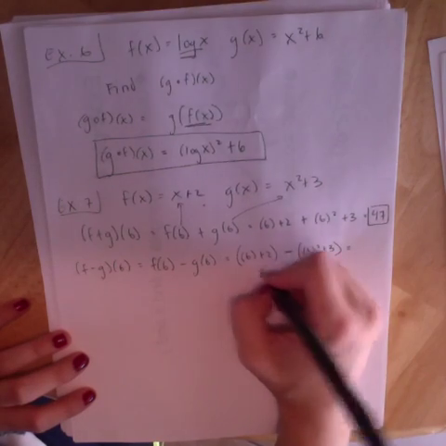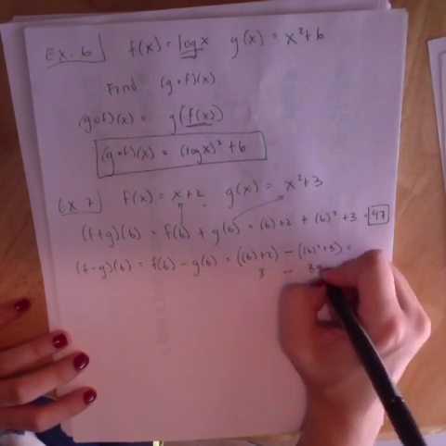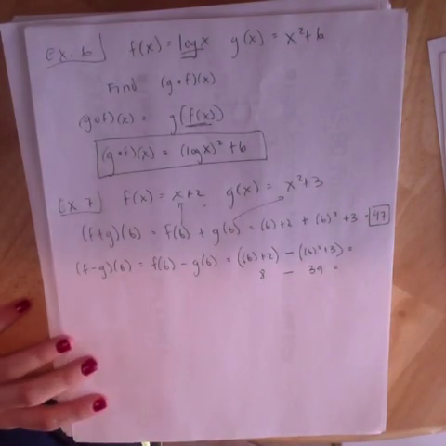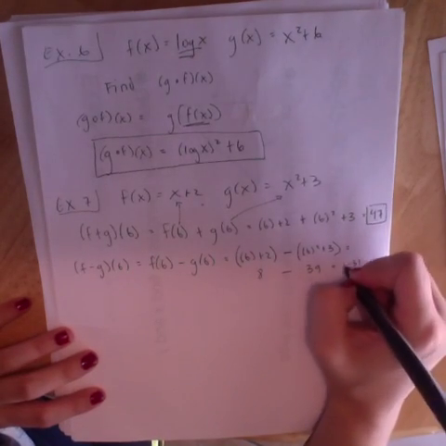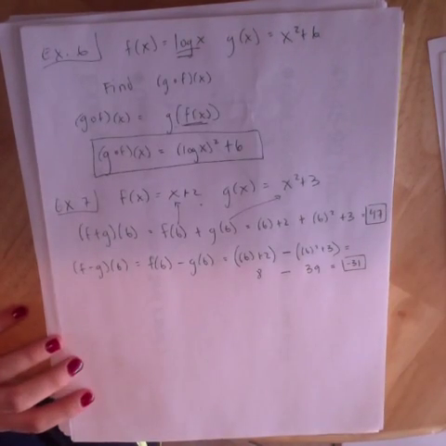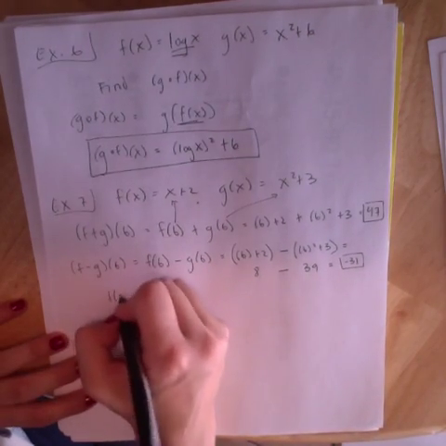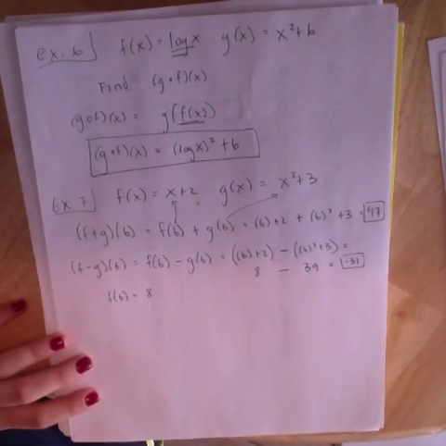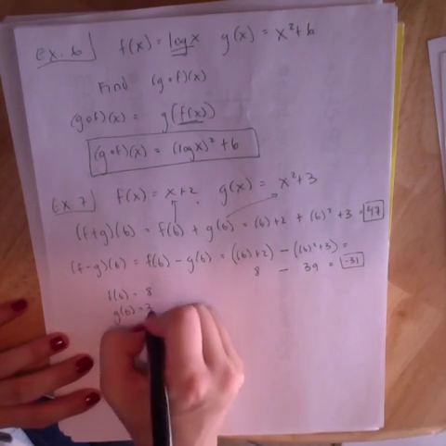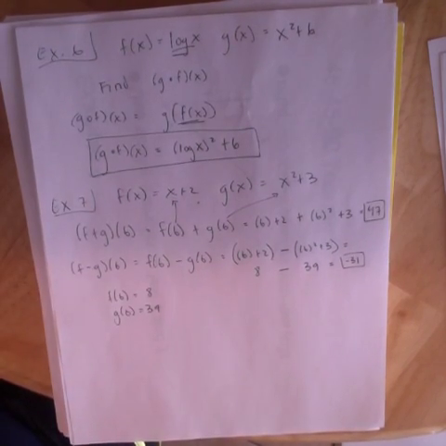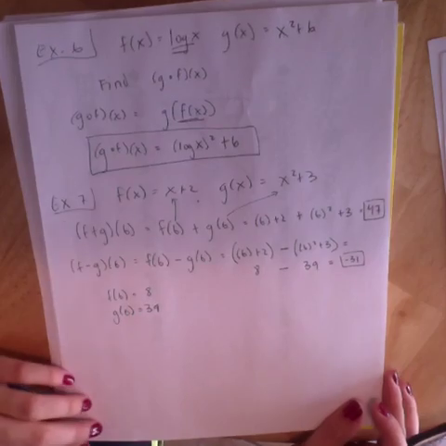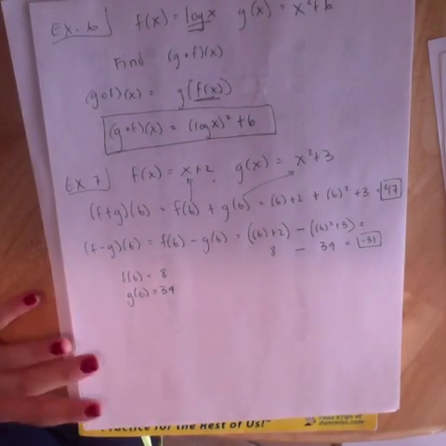Now we already talked about this was 8, and this was 39. Giving me 8 minus 39, I'll have minus 31. Now, if you'll notice, f of 6 stays the same. f of 6 is always 8. g of 6 is always 39. Once you find it for the first function, we're just using it in different orders.